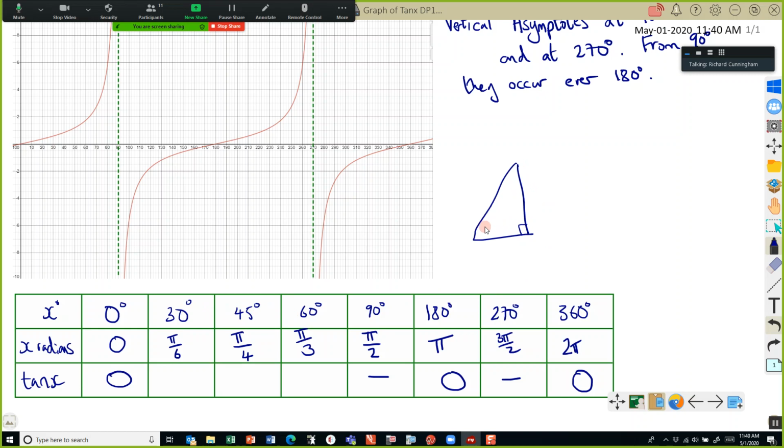You all used your triangles yesterday for those questions. So I've got 60, 1, 2, root 3. Tan of 60, opposite over adjacent, root 3. Tan of 30, opposite over adjacent, so 1 over root 3. And tan of 45?